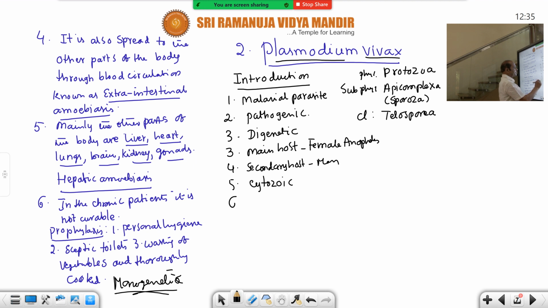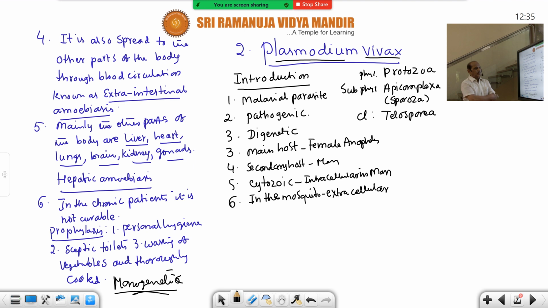Cytozoic means intracellular in man, but in the mosquito it is extracellular, outside the cells, in the stomach or crop. So it is both an extracellular and intracellular parasite.